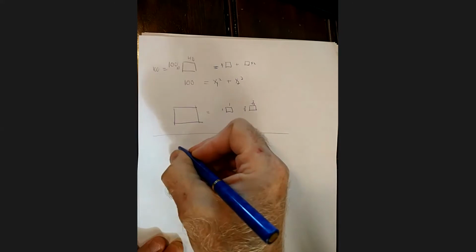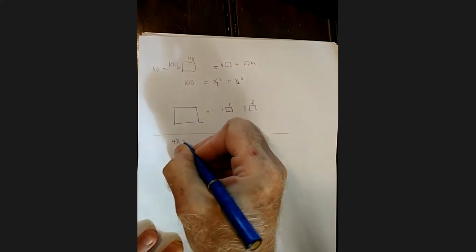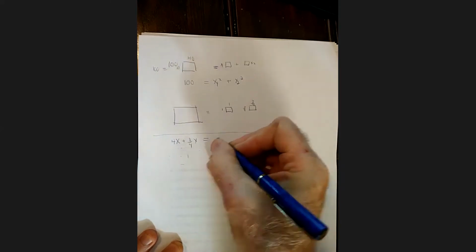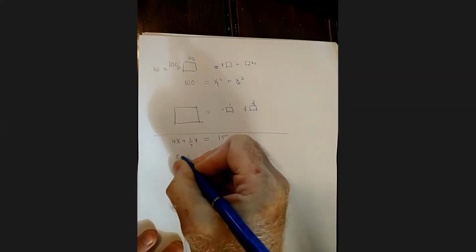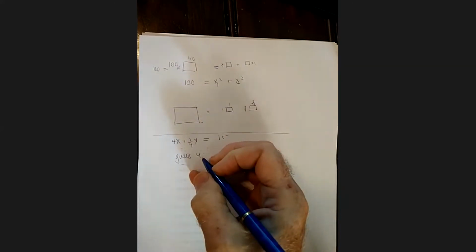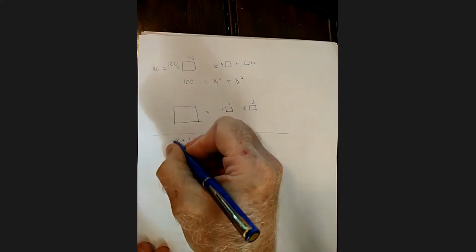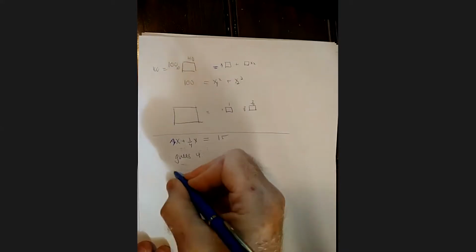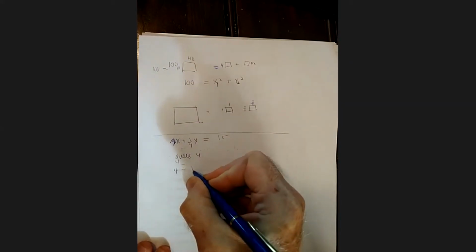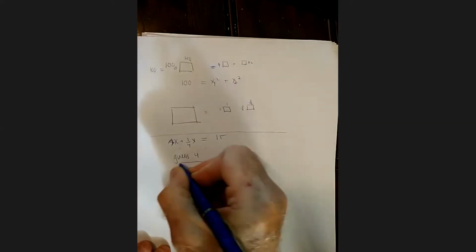And remember before, we were solving the equation 4x plus 1 over 4x equals 15. Sorry, I have that wrong. It was x plus 1 over 4x equals 15. We made a guess of 4 for x, and so we had that equaling 5.